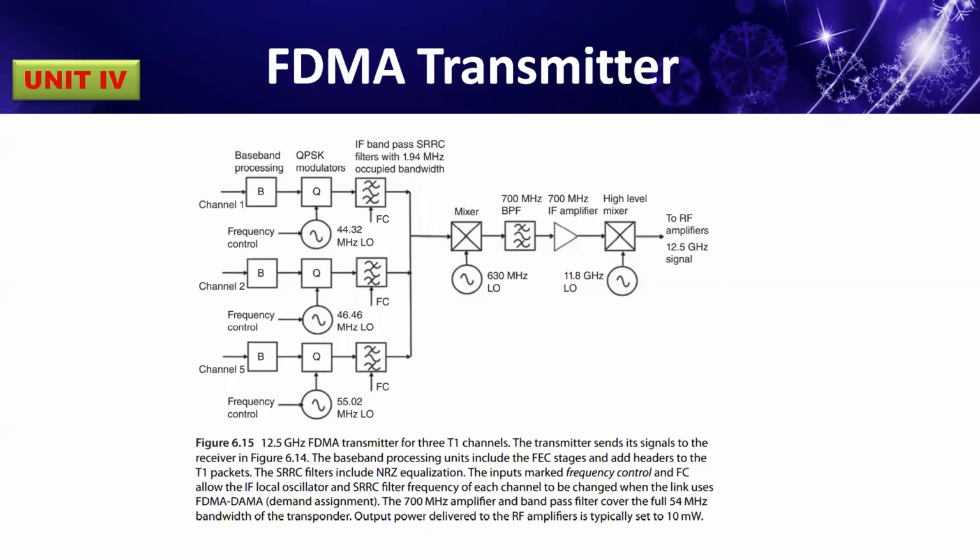The modulated output is passed to the IF band pass with 1.94 bandwidth signal. All these signals are cumulatively applied to the first mixer, then second mixer down conversion, so we make the updated bandwidth 12.5 signal, which is called the transmitted signal.